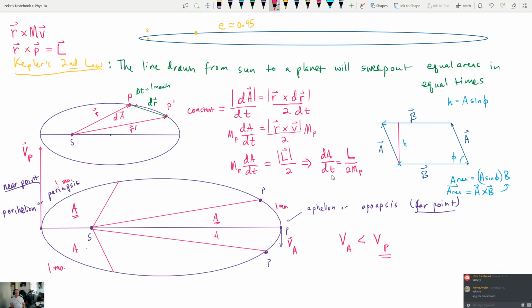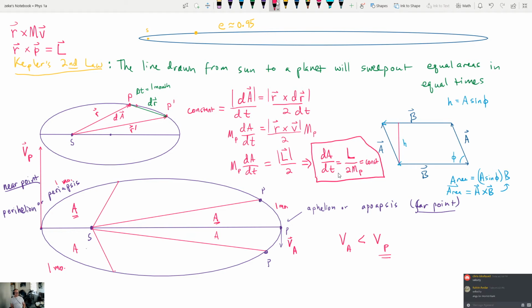And according to Kepler's law, this quantity has to be a constant, right? That is what Kepler's law says in our modern language. It says that the rate at which the area changes is equal to the angular momentum of the planet divided by 2 times the mass of the planet, and this quantity is constant.